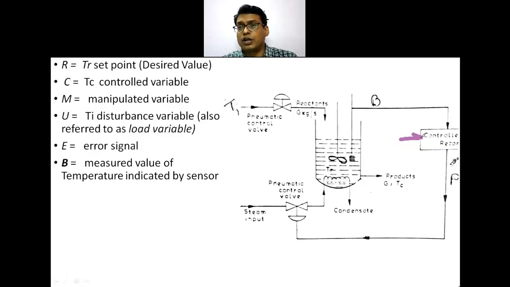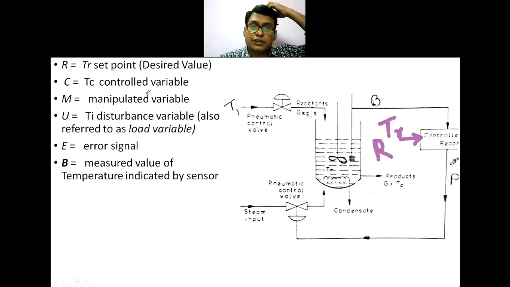For this controller, the set point is given. Tr is the temperature. R is nothing but your set point. This is the R that is provided to the controller.